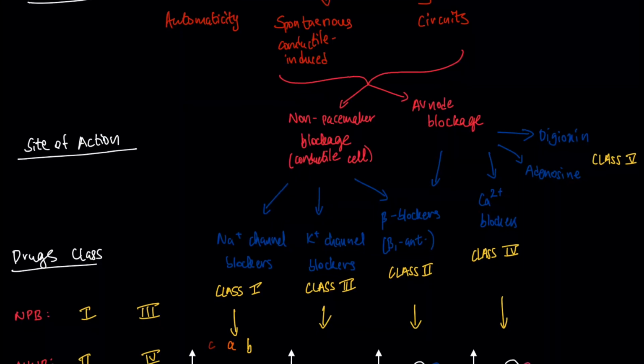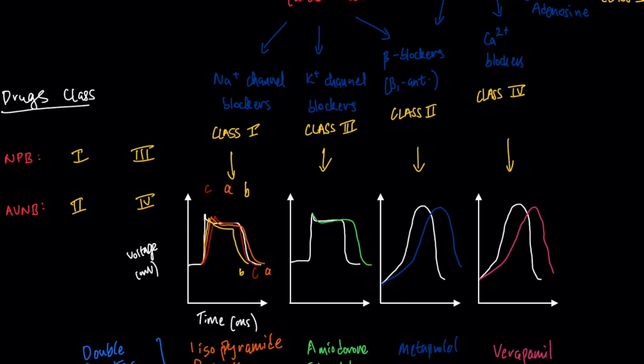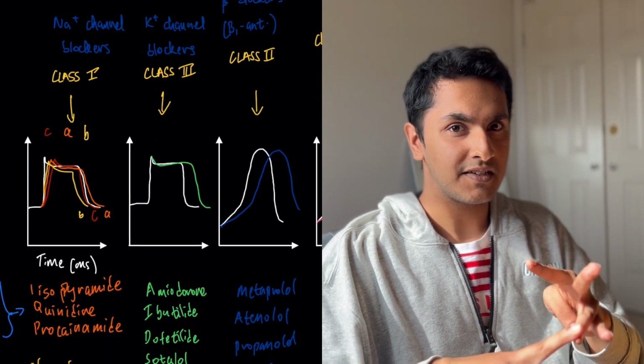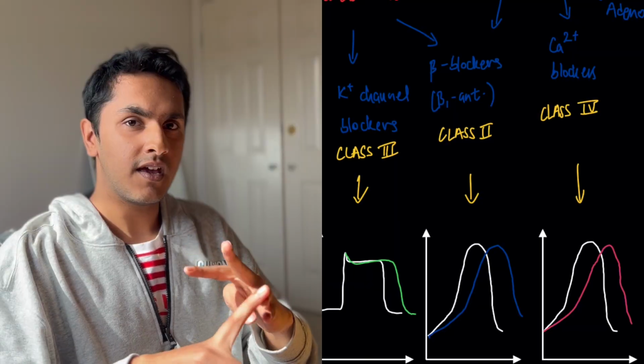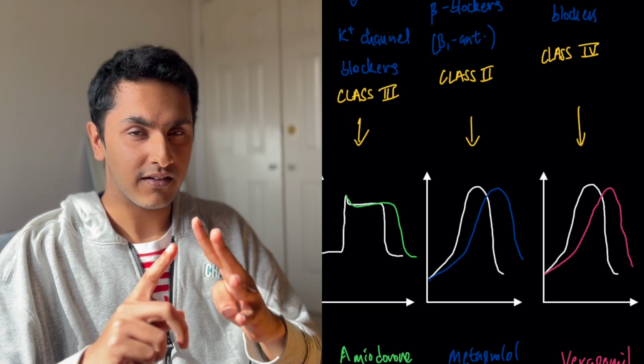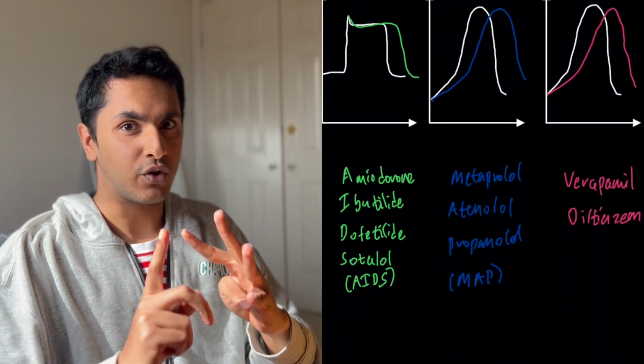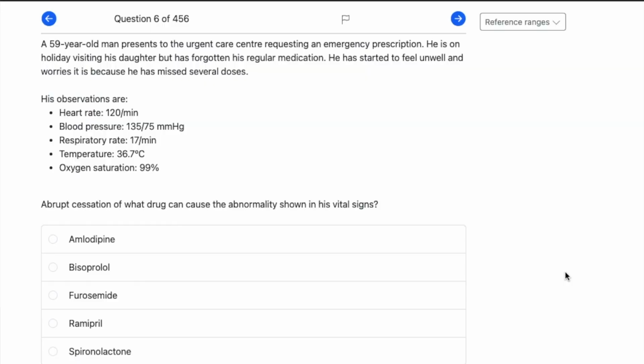We're thinking about your antiarrhythmic drugs, which are your 4 classes: class 1, class 2, class 3, class 4. Class 1 and class 3 are your sodium and potassium channel blockers, and then class 2 and class 4 are your beta blockers and your calcium channel blockers. So we need to find the one that is one of these.